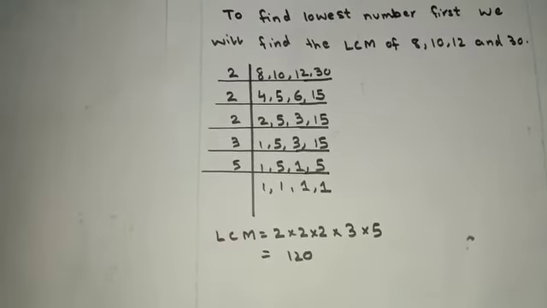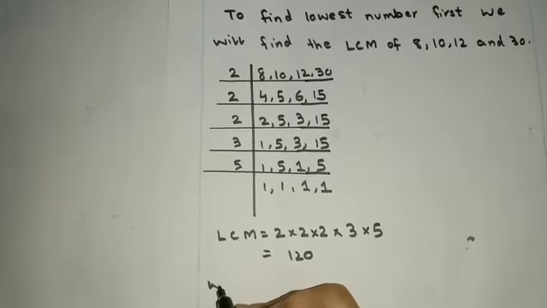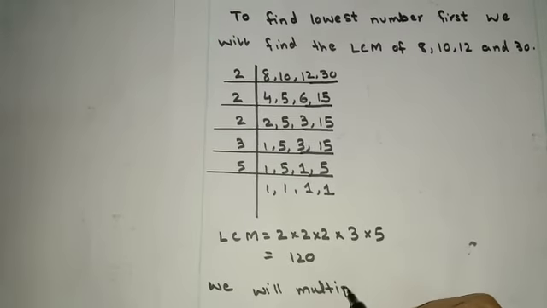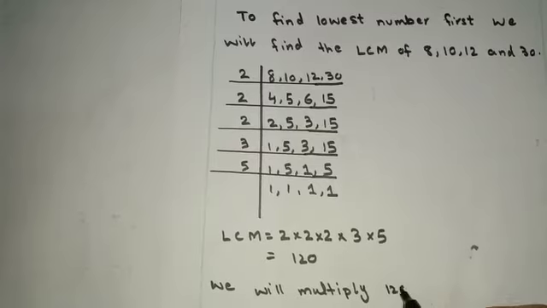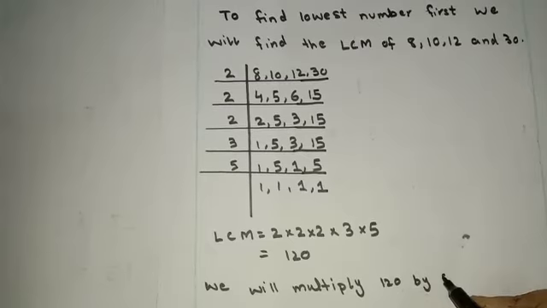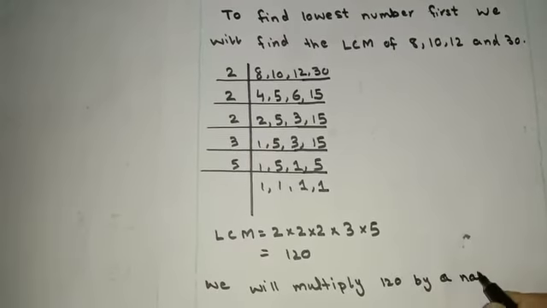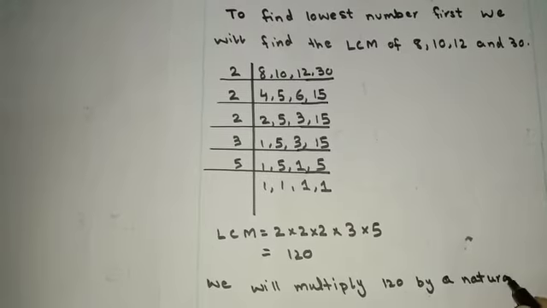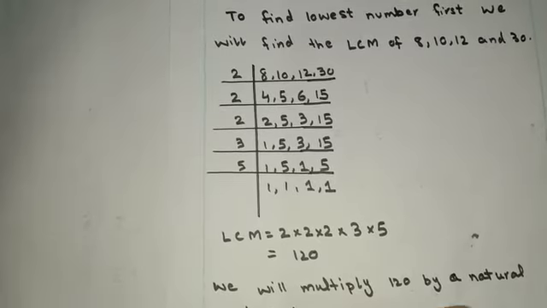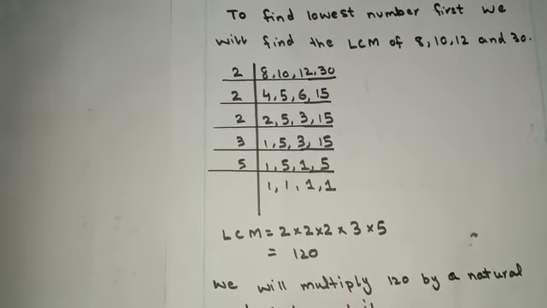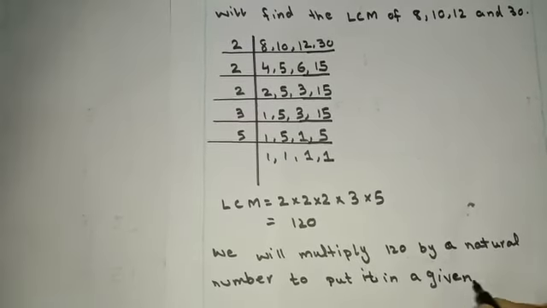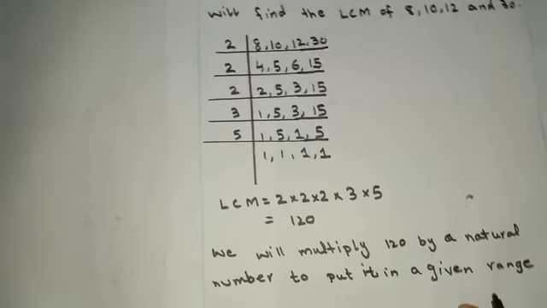So we will multiply 120 by a natural number to put it in the given range, right?